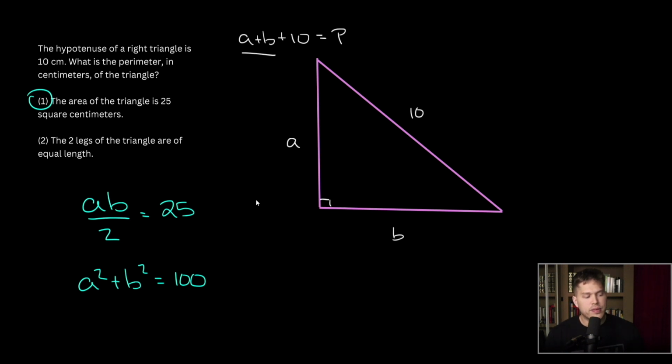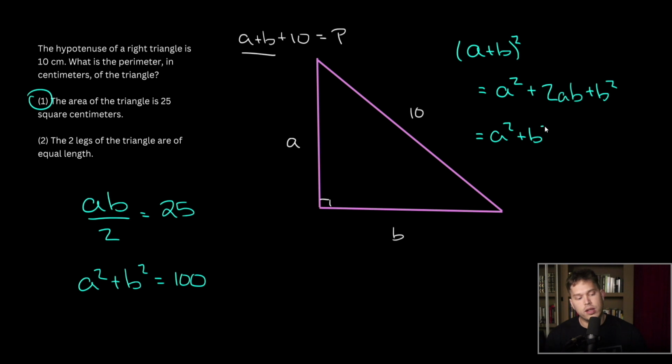Now it seems a little bit strange, but let's go off to the side and let's think about what (A plus B) squared is. Well, (A plus B) squared would be equal to A squared plus 2 times AB plus B squared. Now let's rearrange this a little bit to have A squared plus B squared plus 2AB.